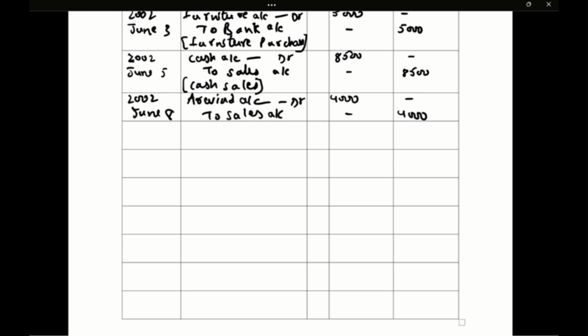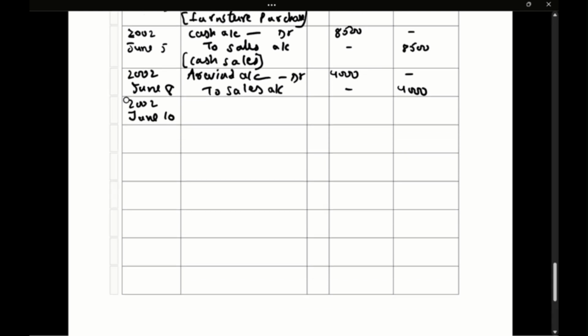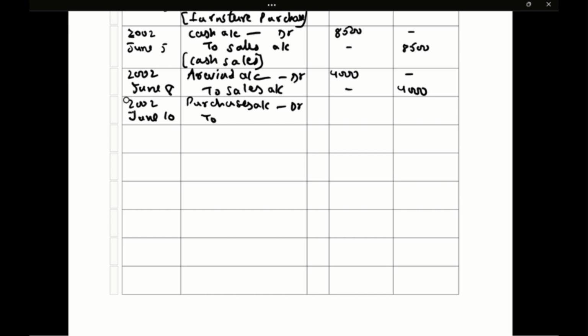So next entry we have goods purchased from Amrit. The date is June 10th. It is a credit purchase. So the entry will be purchase account debtor to Amrit account.